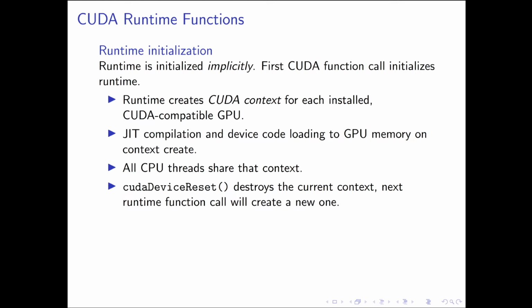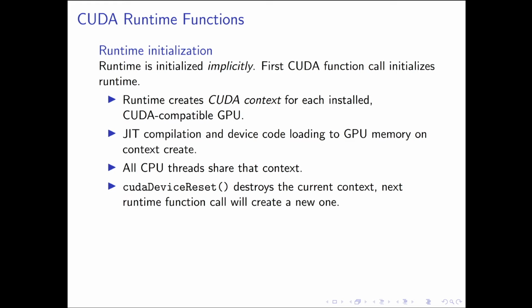With the runtime API, the context is also there, but it's implicit, so the user never gets in touch with the context. What actually happens is that whenever we call a CUDA runtime function, the very first CUDA runtime function will try to initialize the context.